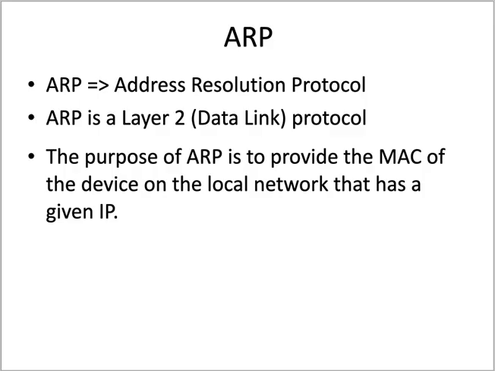So what happens is a device has an IP address that it wants to communicate, and it broadcasts a message to all the hosts on the network and says, who has this IP? Now, if the host is on the same network, it'll respond back, that's me, here's my MAC address. And then that MAC address can be used to communicate with the device.